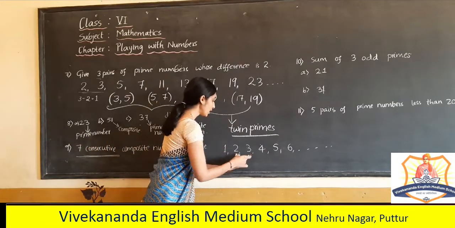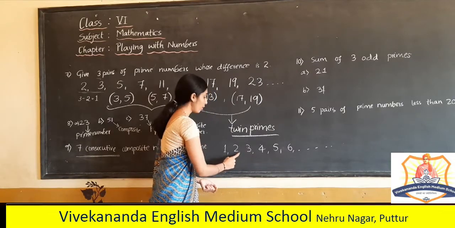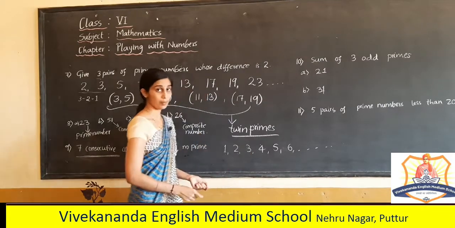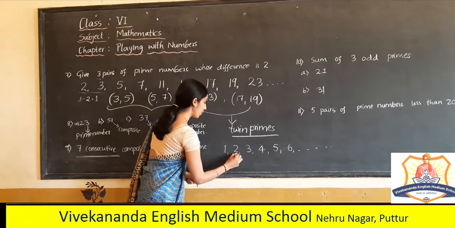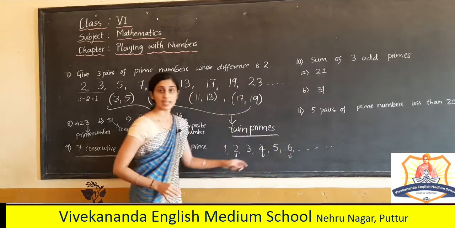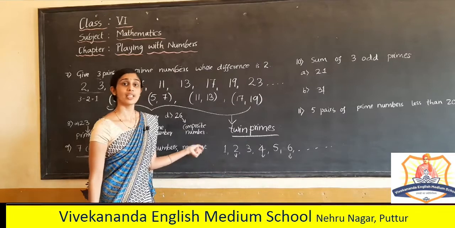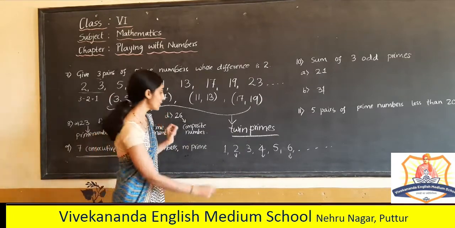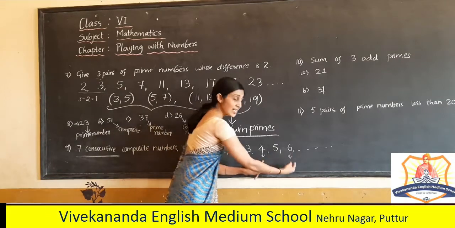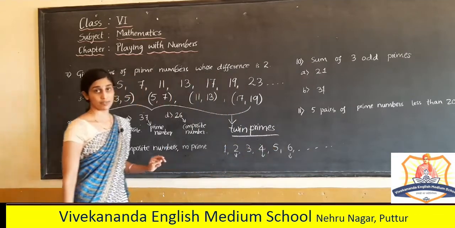The next number after 2 is 3, that is the natural number. If I consider even numbers, 2, 4, 6, 8, it continues like that. So if I need to list out consecutive even numbers, then after 2, the very next even number is 4, the very next even number is 6. So this is the meaning of consecutive.